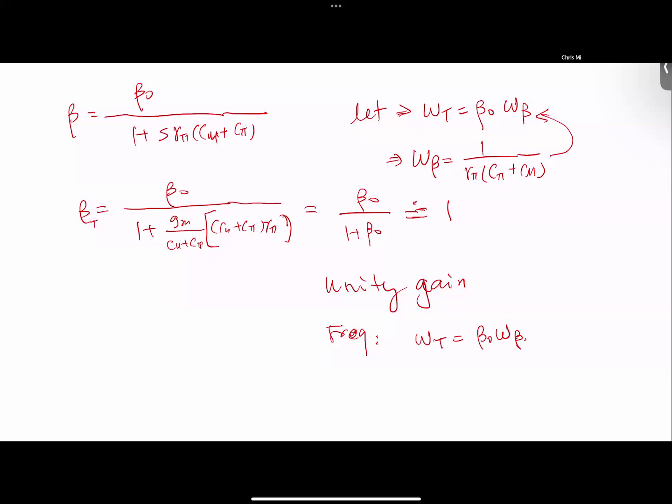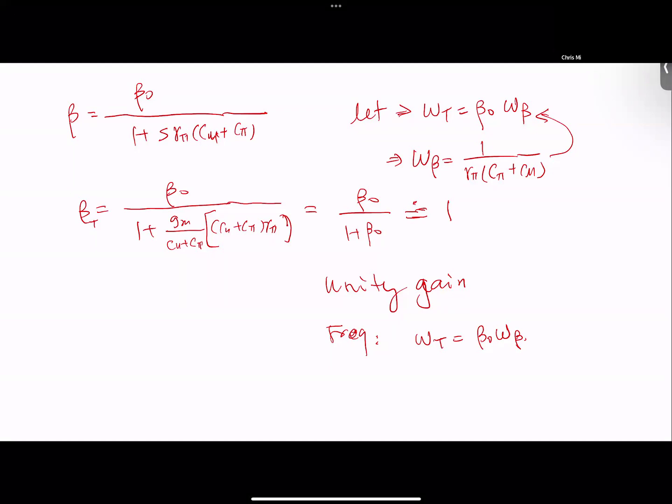It was a CGS plus CGD. But here you've got this beta times omega pi. So there is a slight difference because of the introduction of R pi. And if we look at examples in the book, it will tell you that the unity-gain frequency is somewhere around 7 gigahertz and 130 megahertz for the different devices.